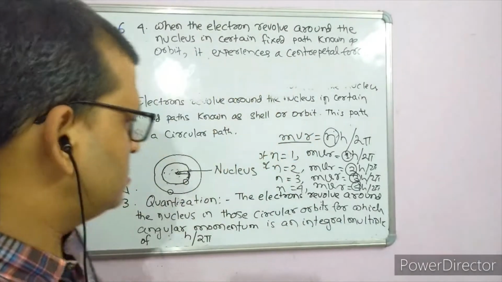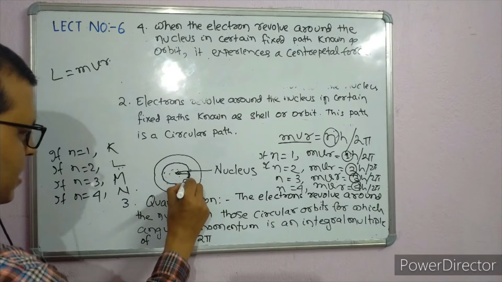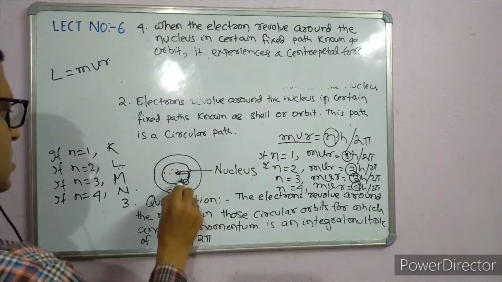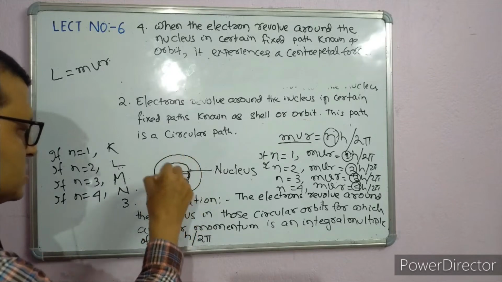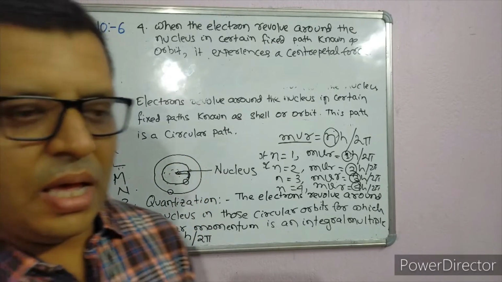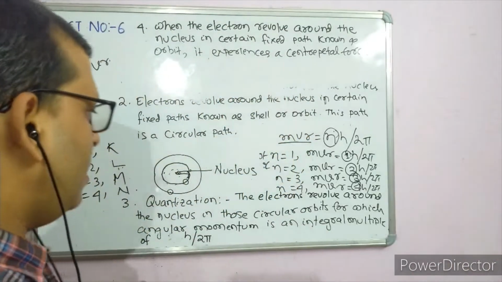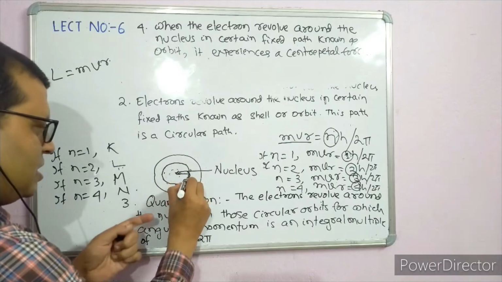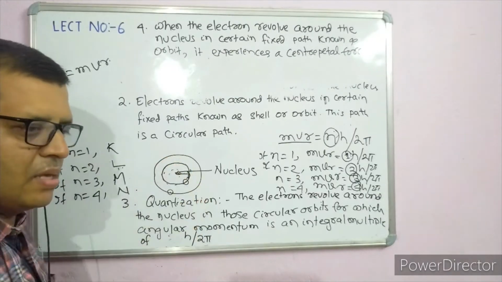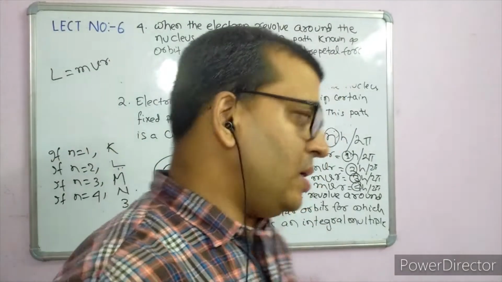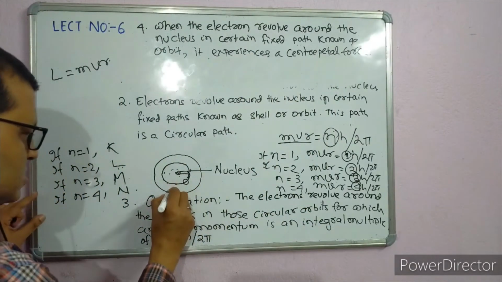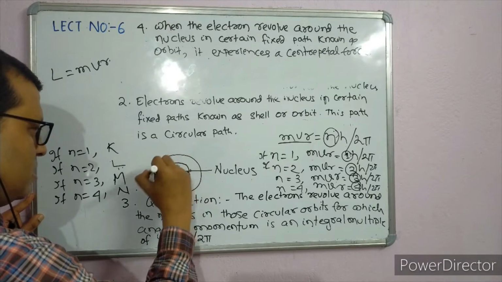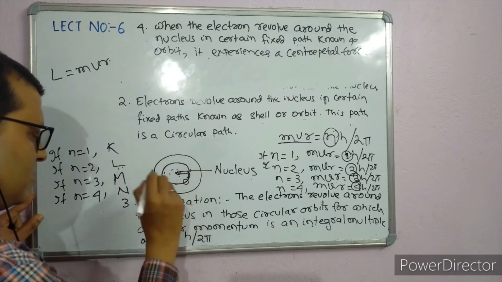So suppose that this electron is in this path, then this path is fixed for this electron, and this electron possesses some amount of energy associated with this shell only.